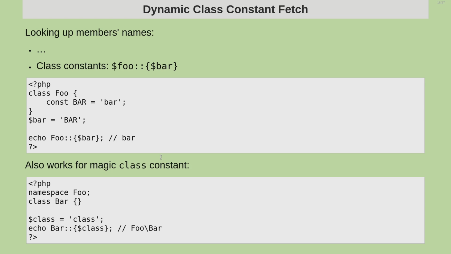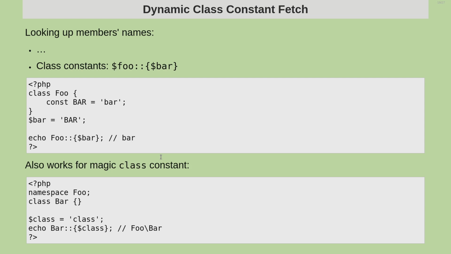Interestingly, this also works for the magic class constant. If you have ever seen this, if you have the name of a class in PHP, say Foo, and you do Foo::class, it will substitute that in as a string for the name of the class. But that is something that isn't actually implemented in the engine itself. This is implemented in the parser.